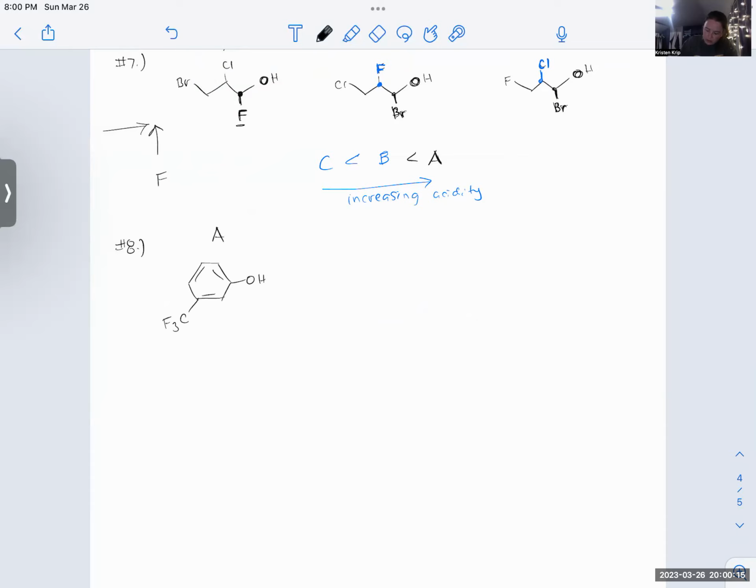So this is A. B is going to be this, OH, CF3. And then OH, OME. This is C. Okay, so we're basing this off of resonance and inductive effect.